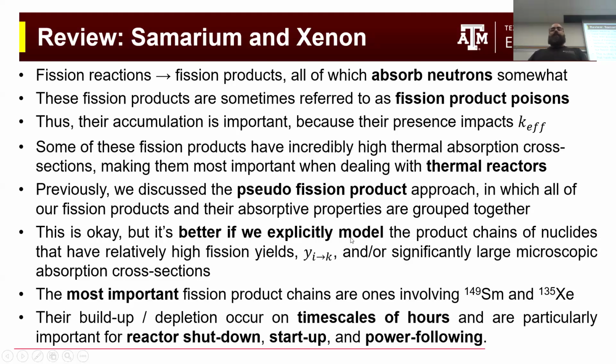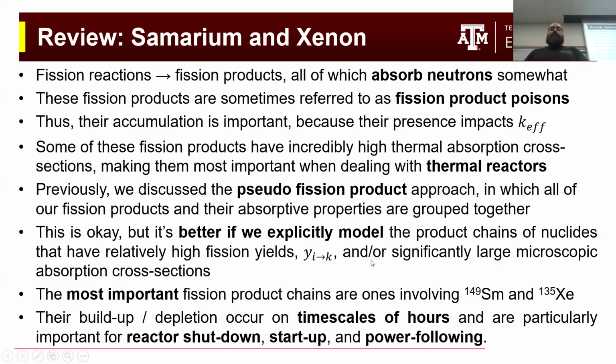So we had talked before about how you get basically everything on the periodic table coming out of your fission reactions, and you can group all of those fission products together as a pseudo fission product, which takes all of your fission products and considers them as one thing with some average properties of the absorption of those products.